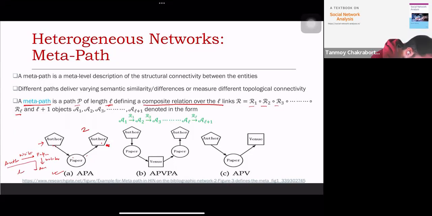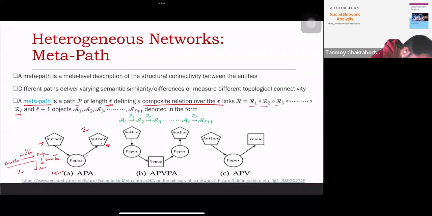You see there are two different edge types. One is write and the other is written by. By the way, write and written by are the same. One is just the reverse of the other. Written by is just the inverse of write.